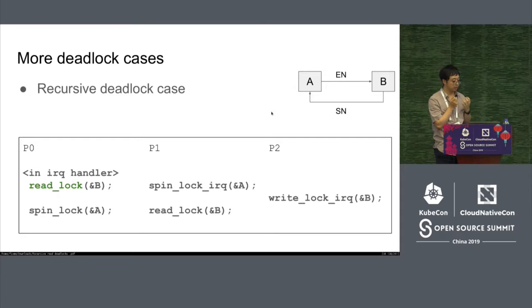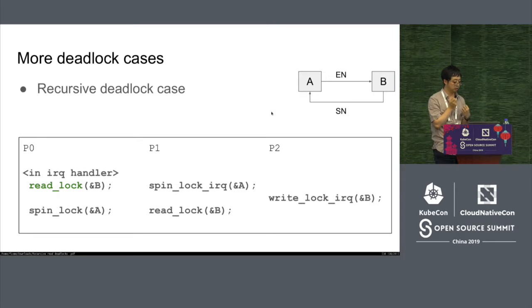This is a read lock. This is a bit different. To the upper right corner, it's a recursive deadlock, the green bit, and the other read lock is non-recursive. This is a deadlock, and deadlock A. If P0 gets B, P1 will not get the B, because if we have non-recursive readers, then the blocking condition is that when P1 is getting B, it's a non-recursive reader lock.